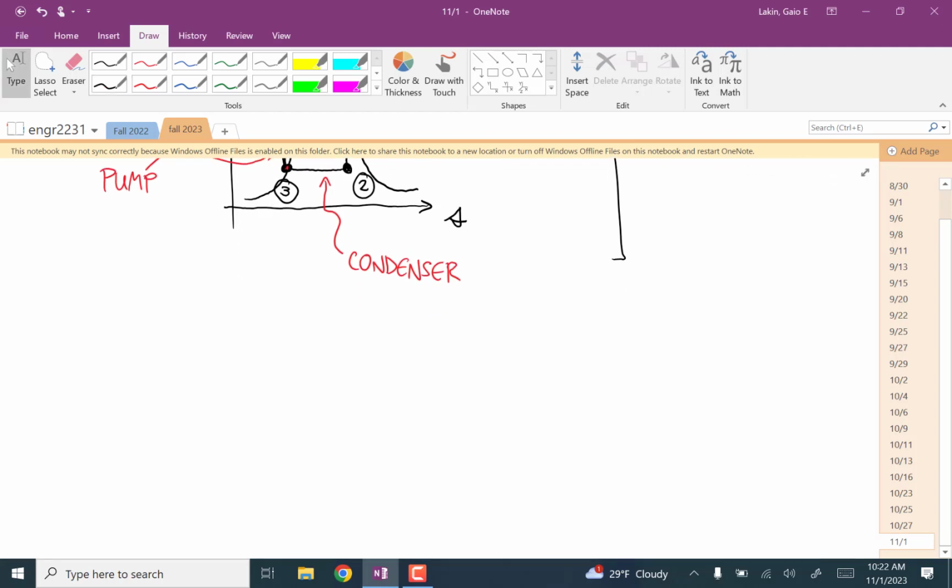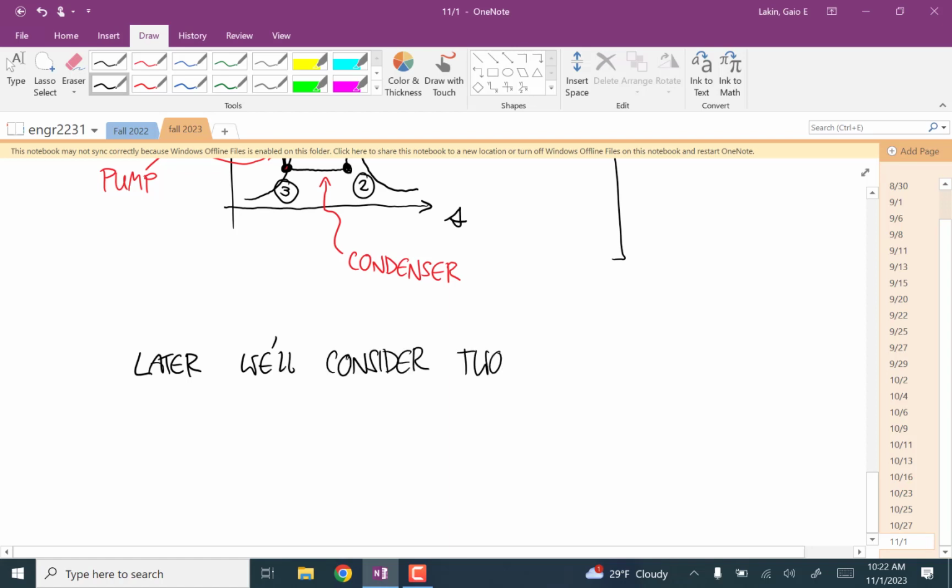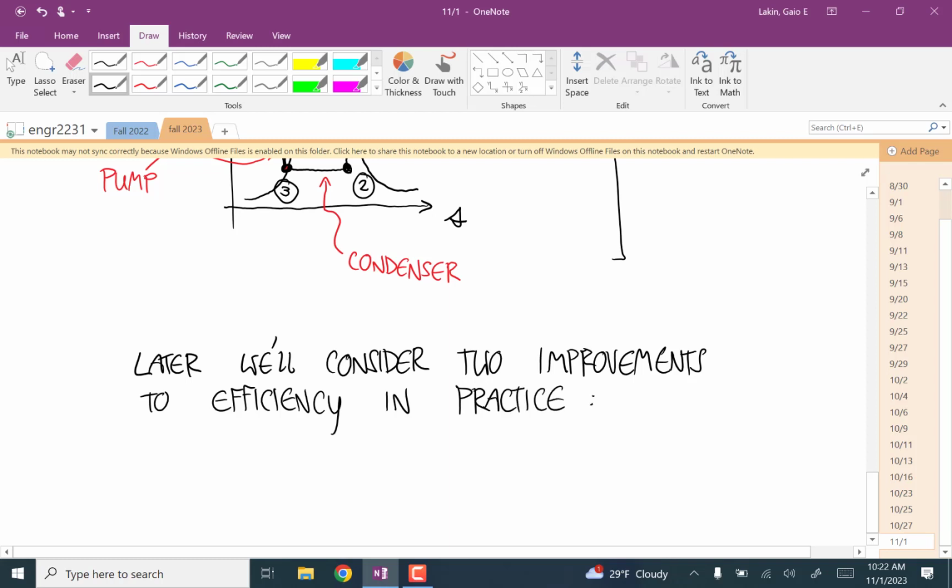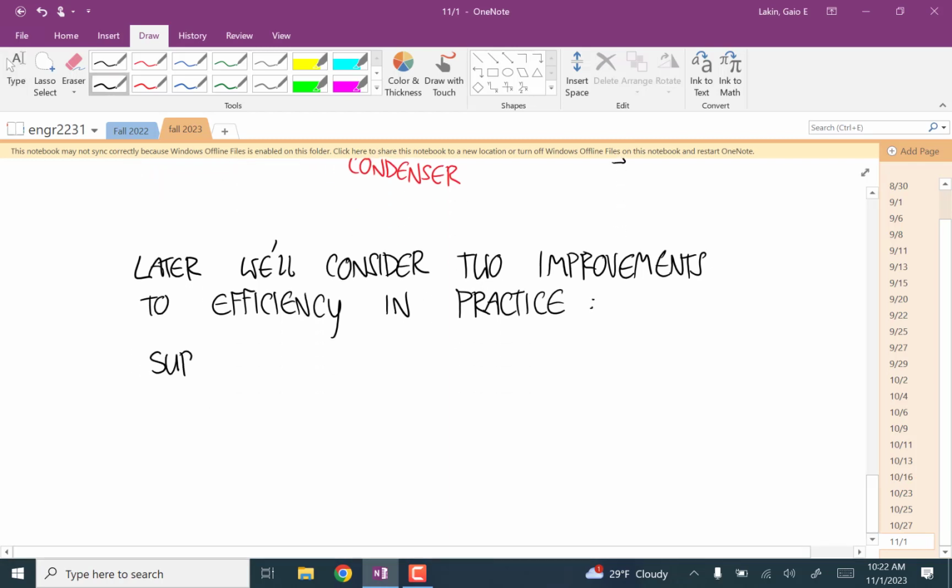All right, so before I get into starting to talk about some calculations and stuff, this is what we'll do eventually. So later we'll consider 2 improvements to the efficiency in practice. The first one is superheat.